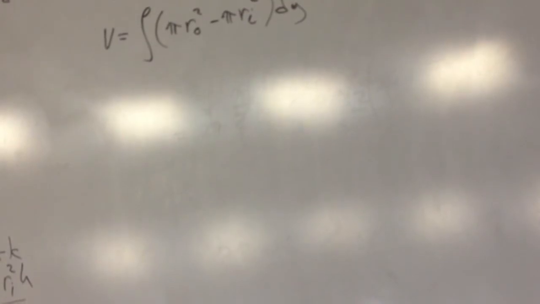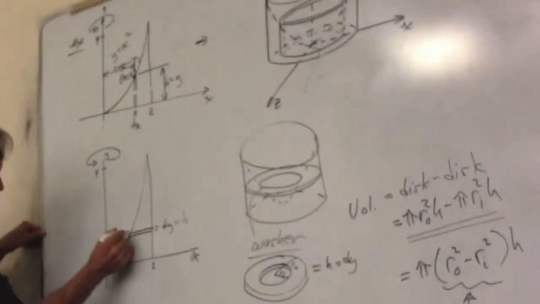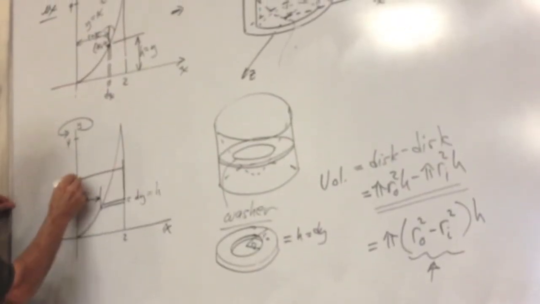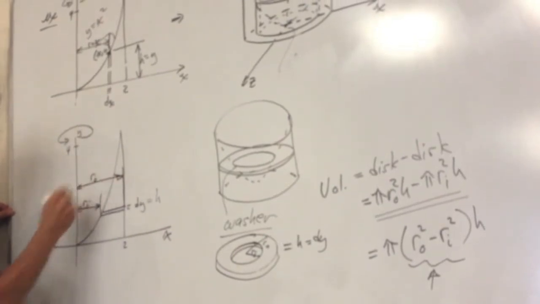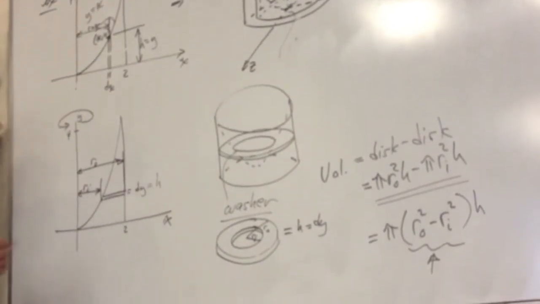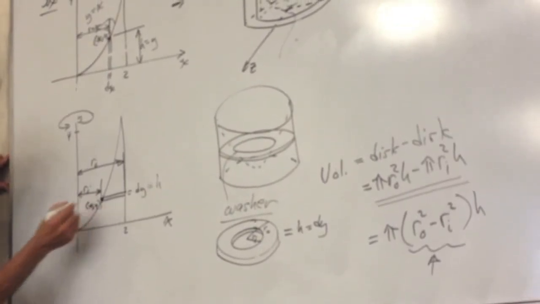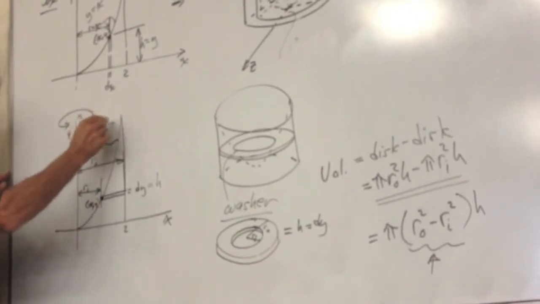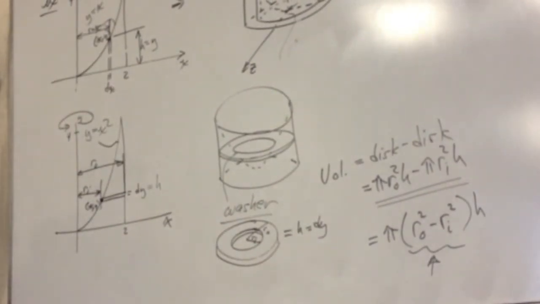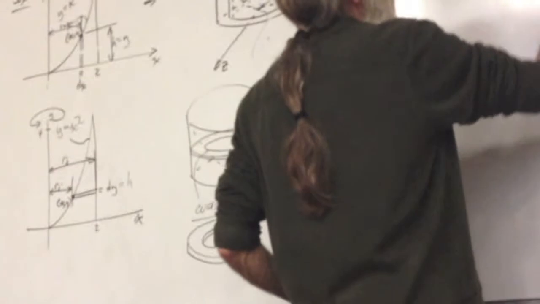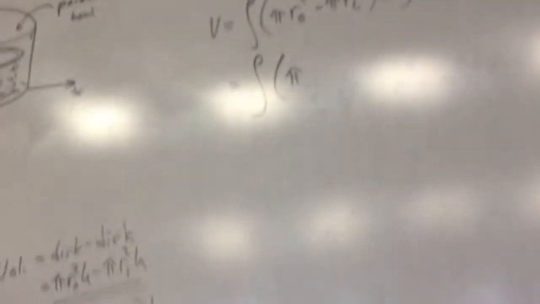And then start looking at what we have here. In this picture, this distance is r inner, and this distance in here is the r outer. And don't forget, thinking of an xy coordinate on this curve that is y equals x squared, which is like the upper thing. So what do I replace in this r outer? What's this dimension? Two.